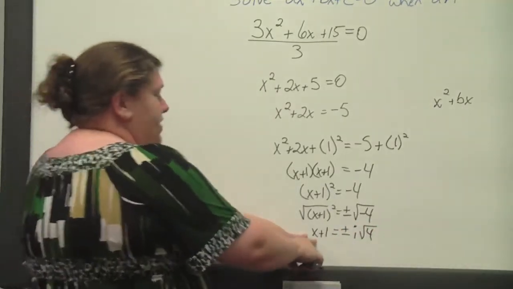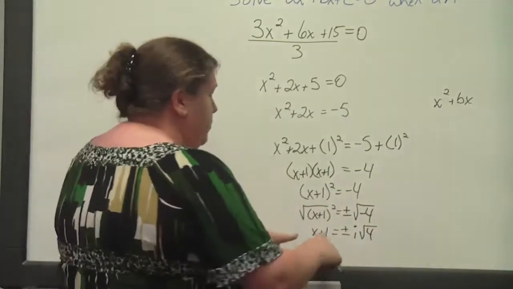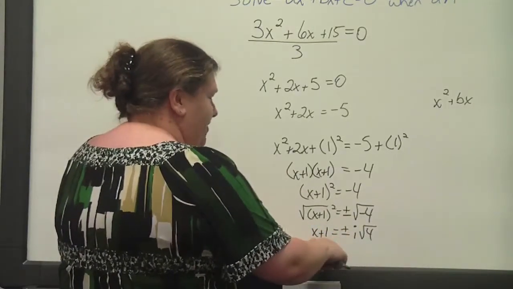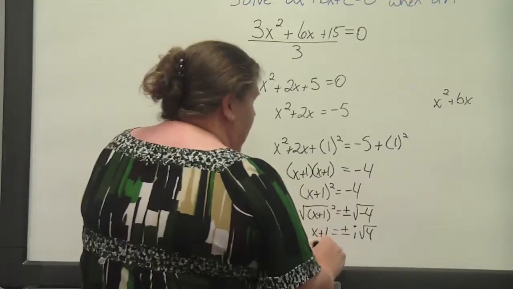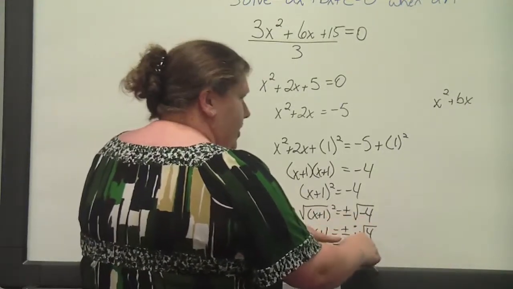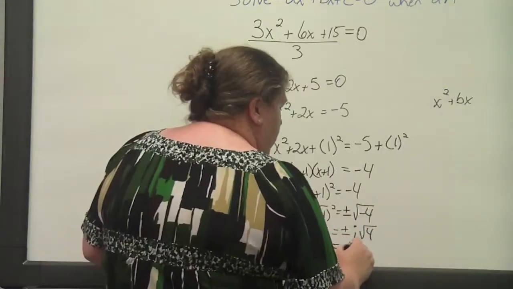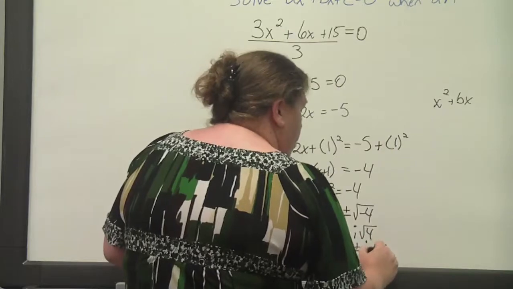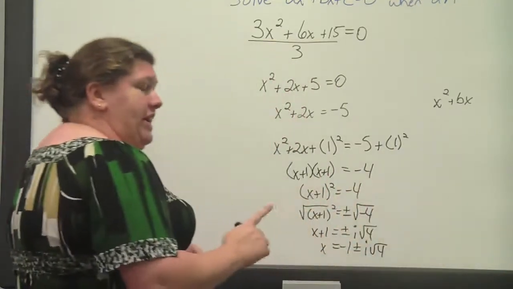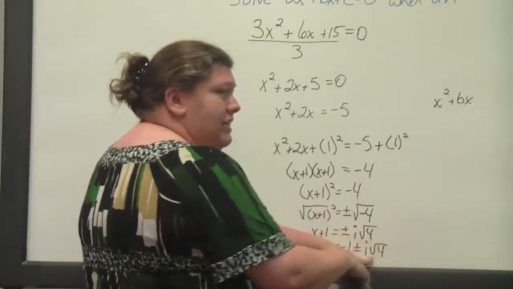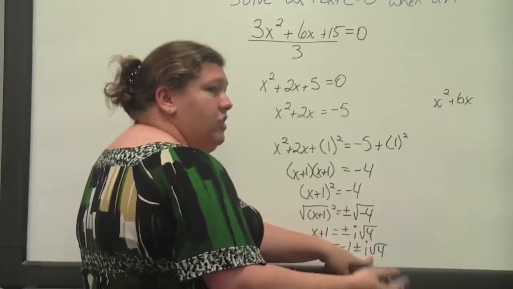So I now want to solve for x, which means I have to get my x by itself. And so I'm going to say x equals, it's a positive 1 right now. When I move it to the other side, it becomes a negative 1 plus or minus i square root 4. But I have one more thing to do. I can do the square root of 4 because I know that 2 times 2 is 4.